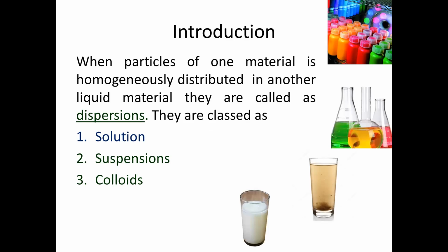When one material is distributed in another material, we could get different types of systems, such as solutions, suspensions, and colloids. When one particle is distributed in another, you call it a dispersion.